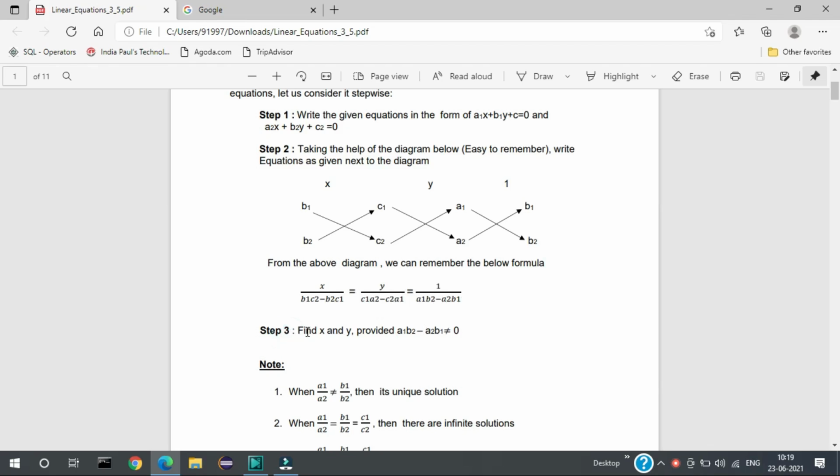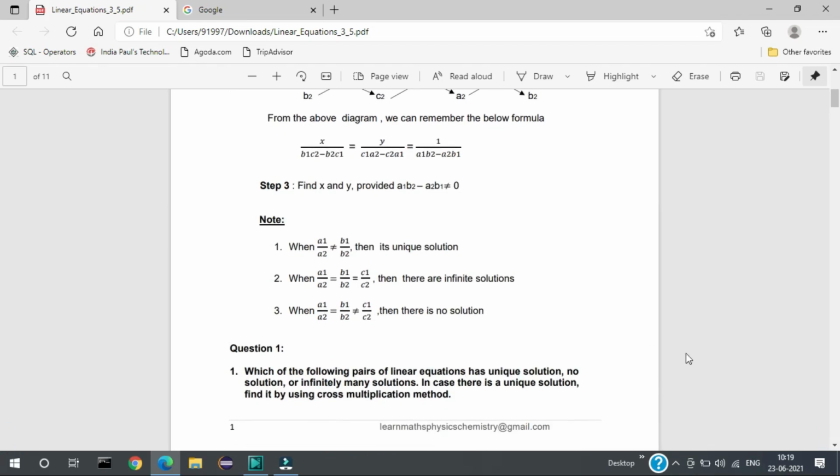Step 3. Find x and y provided a1 b2 minus a2 b1 is not 0, then it is a unique solution. When a1 by a2 equals to b1 by b2 equals to c1 by c2, then there are infinite solutions. When a1 by a2 equals to b1 by b2 is not equals to c1 by c2, then there is no solution.